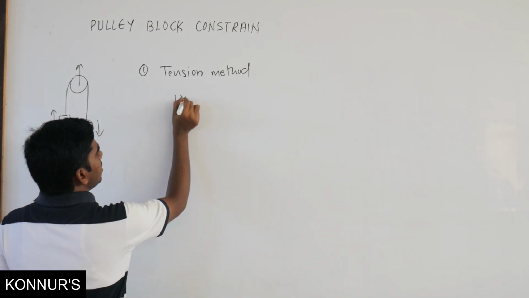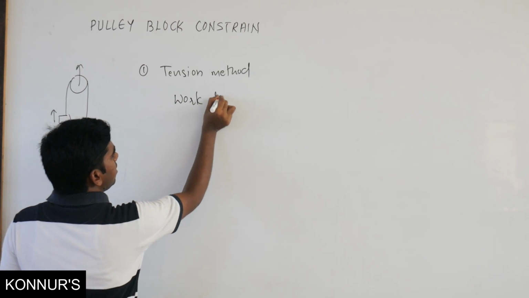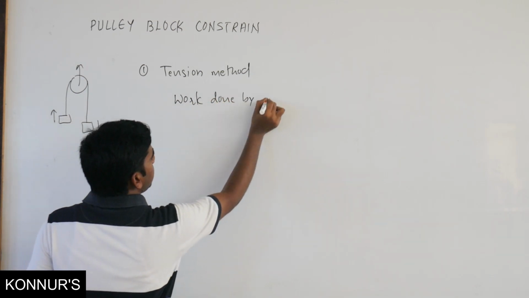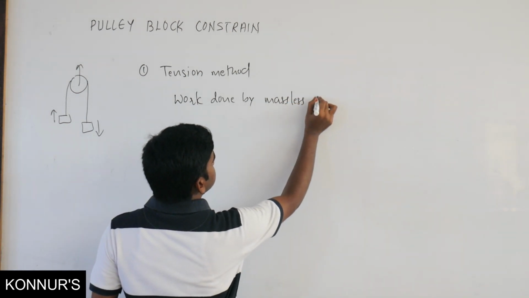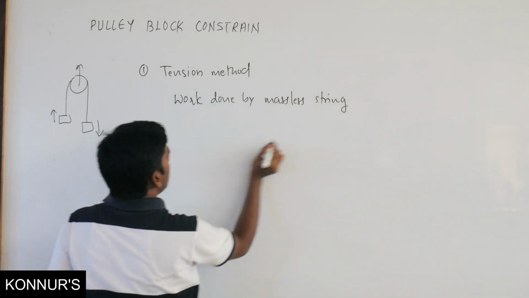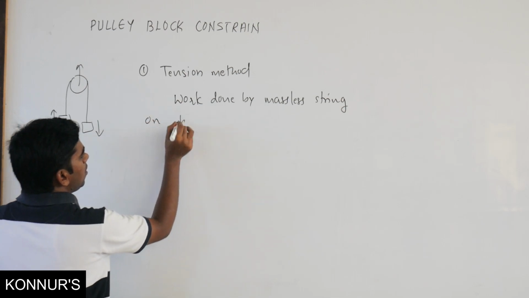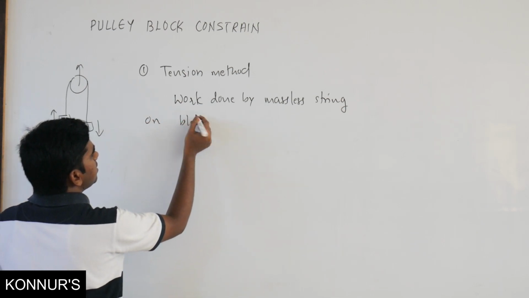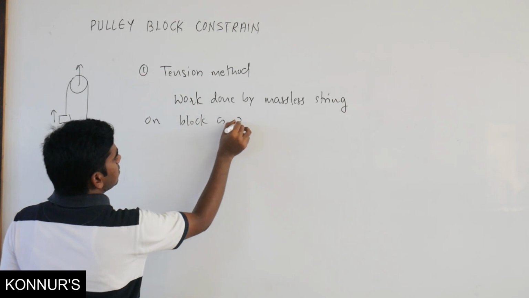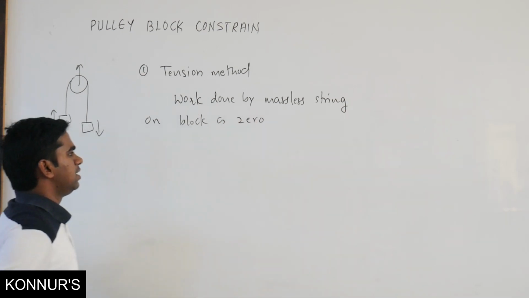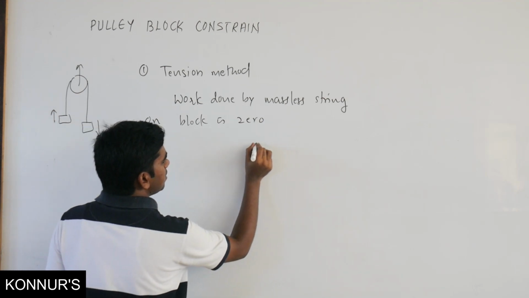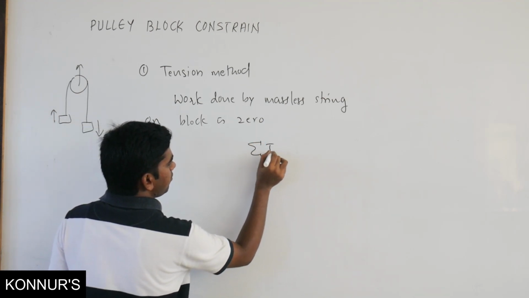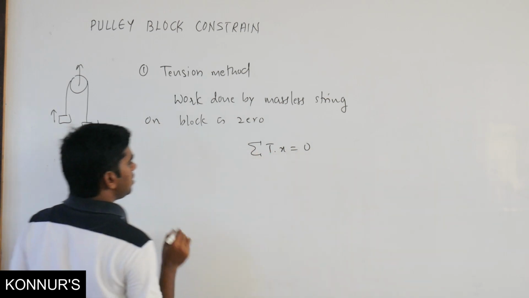That statement is: the work done by a massless string on the block or on the mass is 0. What is its meaning? Work done is the summation of tension into x equals 0.